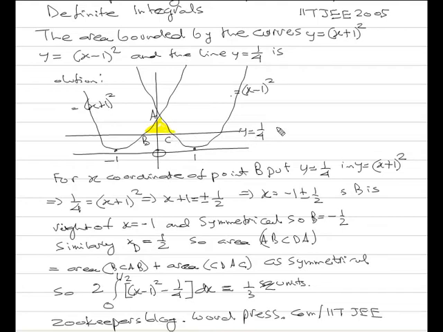So y equal to 1/4, if you substitute in this equation y equal to x minus 1 whole square, so 1/4 will be x minus 1 whole square. Solve it, and you will get this coordinate and this coordinate. You will get 2 values, minus 1 plus half and minus 1 minus half, something like this.